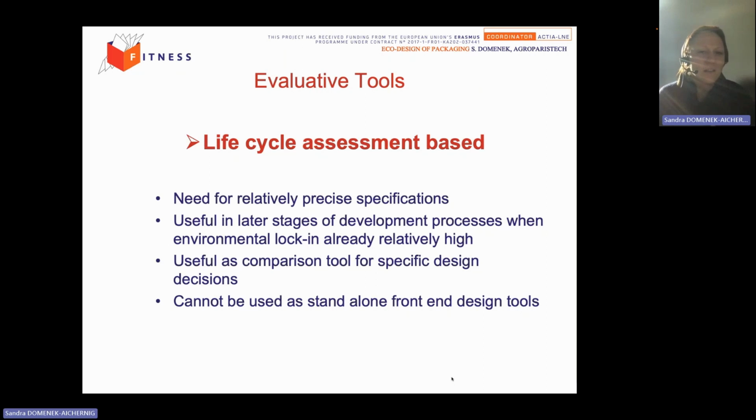Therefore it is useful in the later stages and as a comparison tool for specific design decisions, but it is quite hard to use as a standalone front-end design tool because in the very beginning you do not know much about how the thing is going to be made and how it is going to be used. But it is a very, very important tool, and that's why Fatima Porras is going to speak about this just after me.